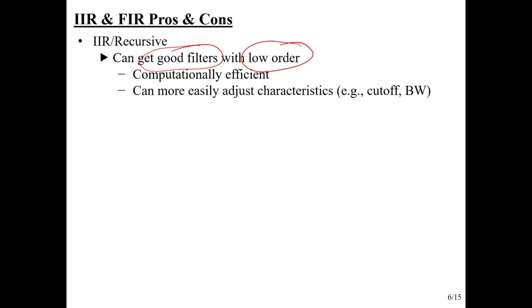That means that these IIR filters, for the same quality, quote unquote, of filter, which just means maybe closer to an ideal filter than you might get from some other filter. So to get a filter closer to an ideal filter, at least for the magnitude part, you can do it with a fairly low order, and that means it will be computationally efficient. And so that's good.